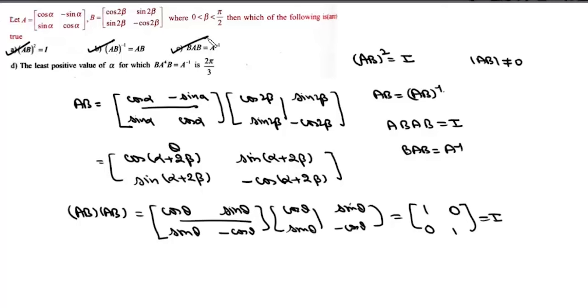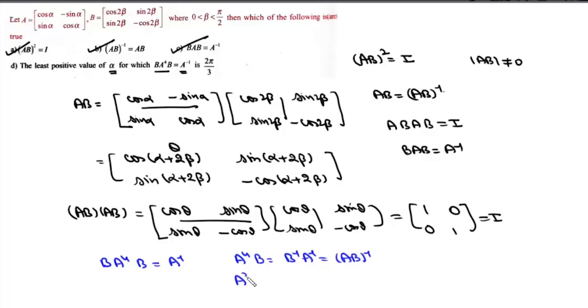Now we need to check this fourth option, which says the least positive value of alpha, for which B A to the power 4 B equals A inverse, is 2 pi by 3. Now if we look at this condition, we are given that B A to the power 4 B is equal to A inverse. Now if we multiply it with B inverse, we can write this as A to the power 4 B will be equal to B inverse into A inverse, which is nothing but (AB) inverse.